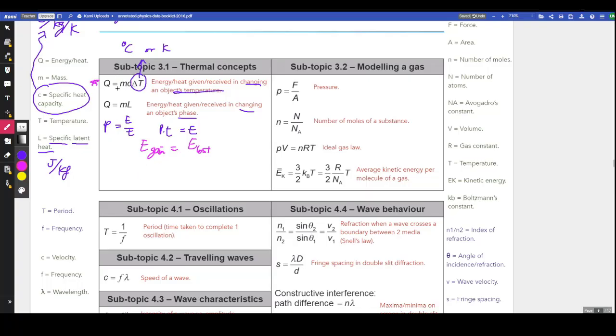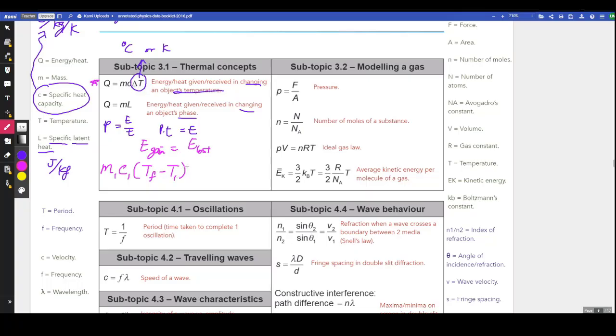But let's say if you only consider the first one, then usually the equation should look something like this: m1c1 (Tf minus T1).